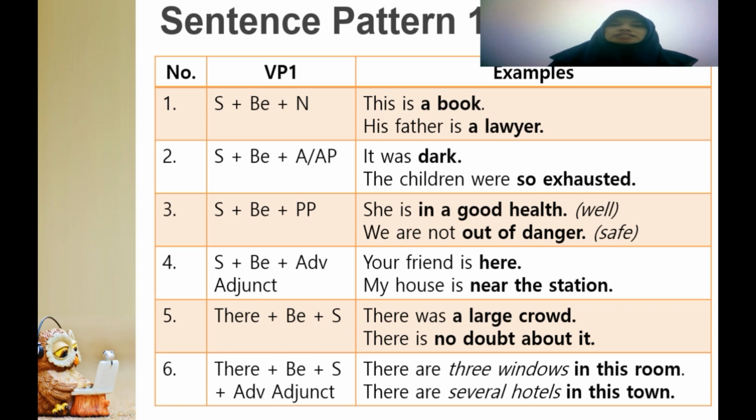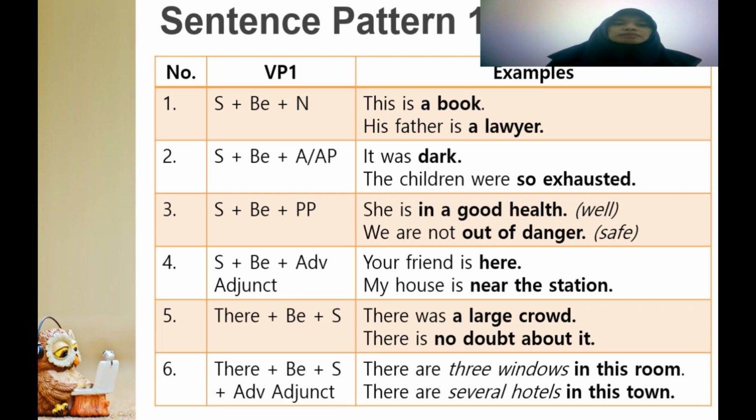For example, she is in good health, and then we are not out of danger. So the PP here has the equivalent word in adjective or adverb. For example, in good health is the same as well. And then out of danger here means safe. So we are not out of danger here means unsafe. We are not safe, like that.